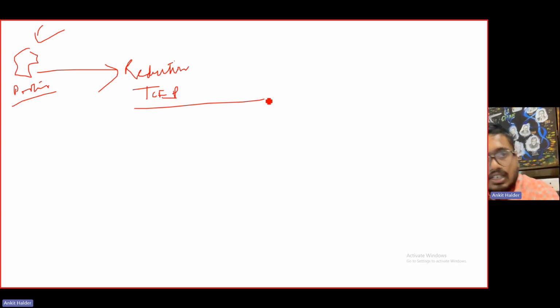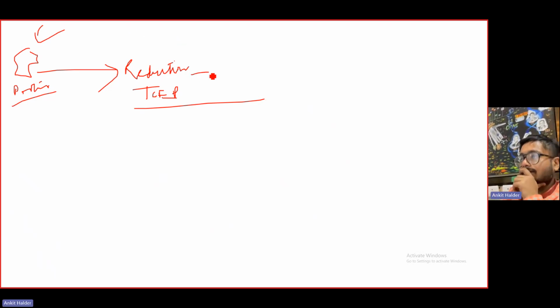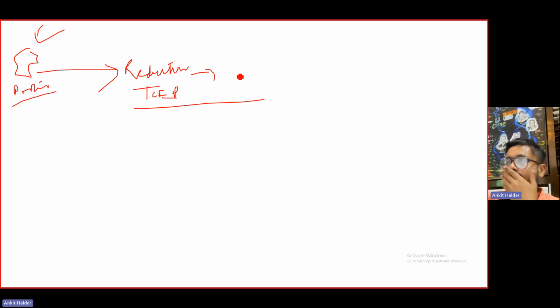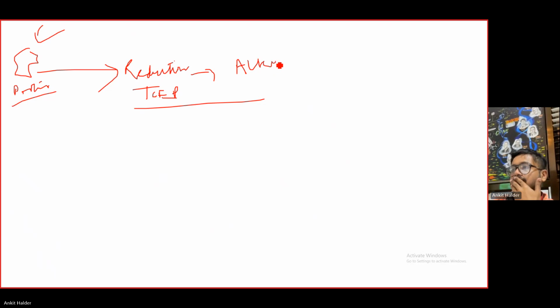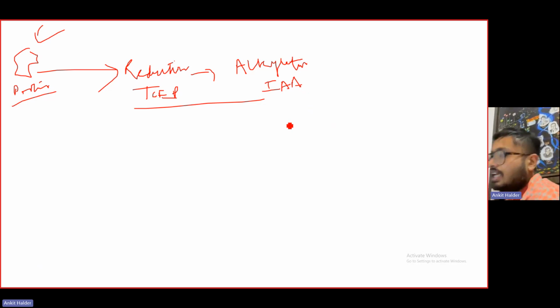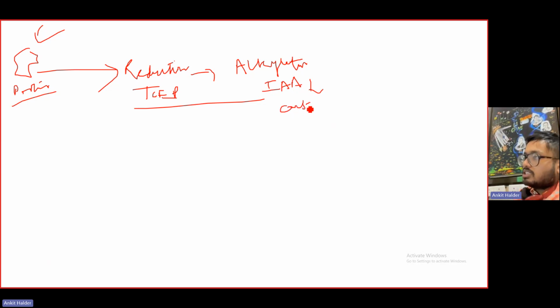So it is getting reduced through TCEP. Then, to keep this reduction and so it doesn't revert back, there is alkylation using IAA, right? And this gives a modification of carbamidomethylation.